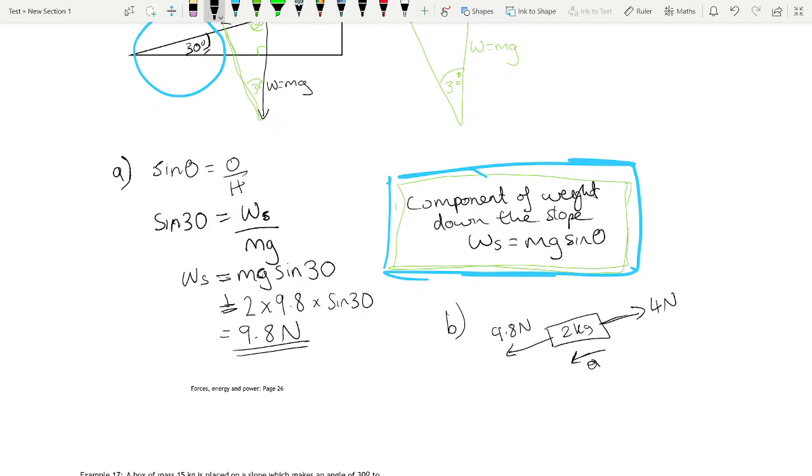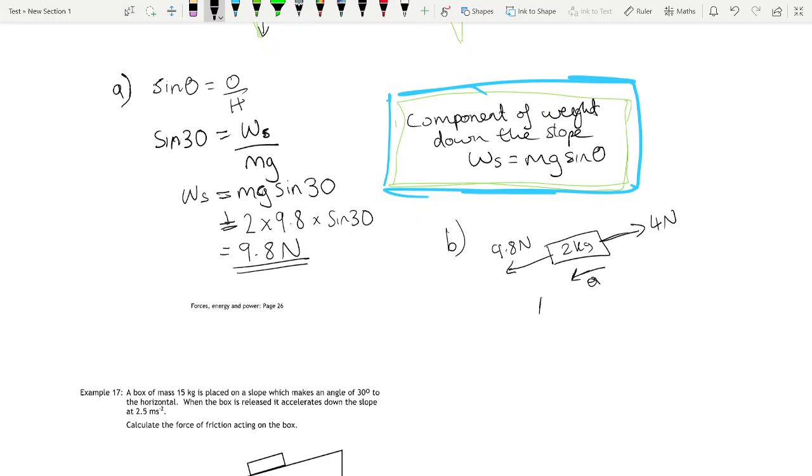So what we have here is an F equals ma equation. The unbalanced force is 9.8 minus 4 equals the mass, which is 2, times the acceleration. And the acceleration comes to 2.9 meters per second squared.